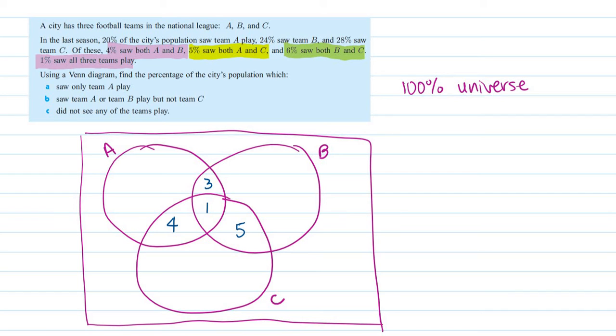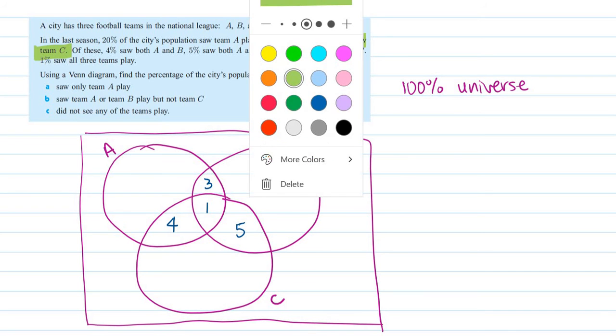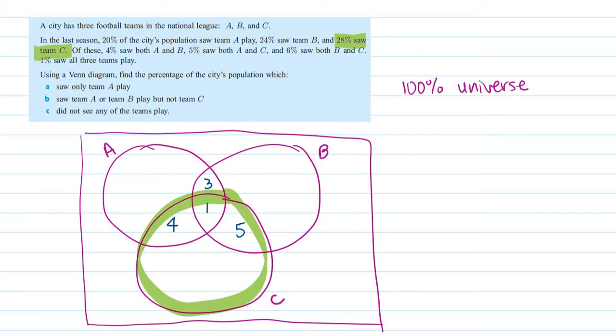Still working backwards. 28% saw Team C. If we look at Team C, which is this whole circle here, we can see that there are some numbers already in there. C is supposed to be equal to 28%, and we already have a 4, a 1, and a 5.